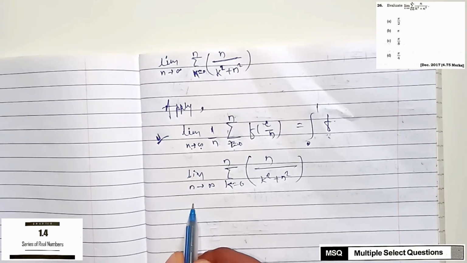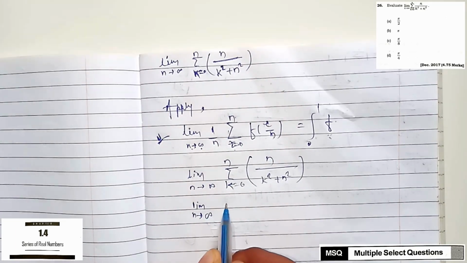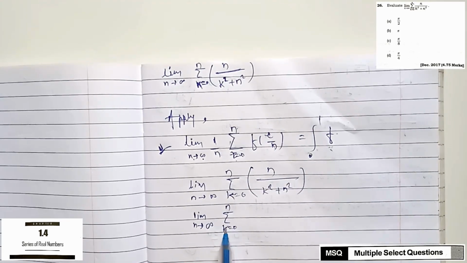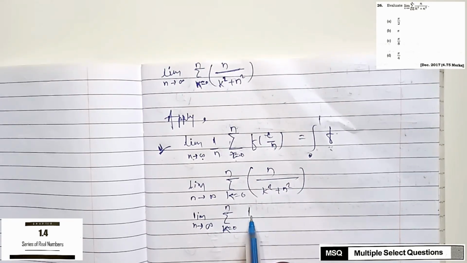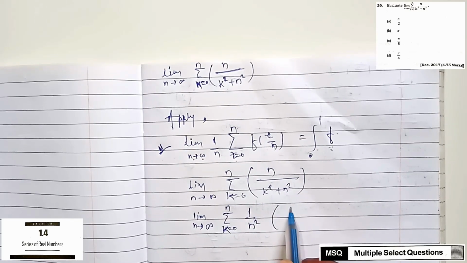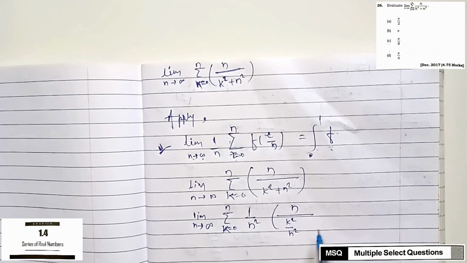So what we get is the limit as n tends to infinity of the series, k running from 0 to n, with 1 upon n square common, under the bracket n upon k square by n square plus 1. What I have done is taken n square common from here and n square common from here.